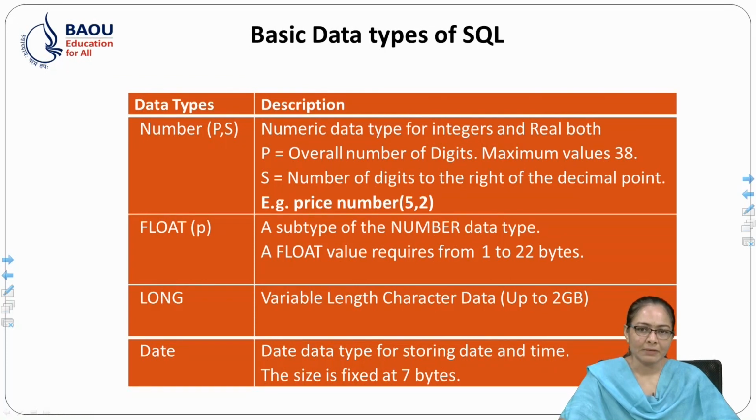This data type is a subtype of the NUMBER data type. It requires from 1 to 22 bytes. Now the next one is LONG. LONG is a variable length character data up to 2 GB. The DATE data type is used for storing date and time. The size is fixed at 7 bytes.